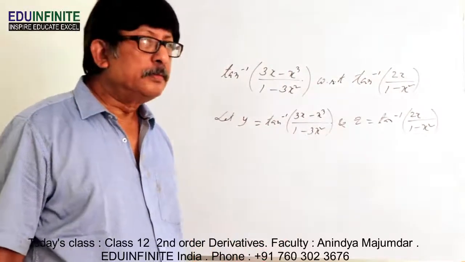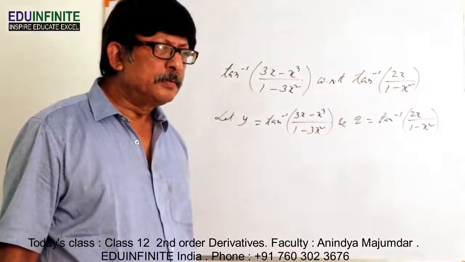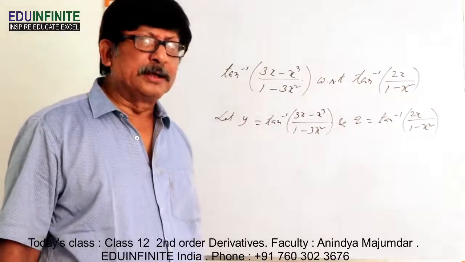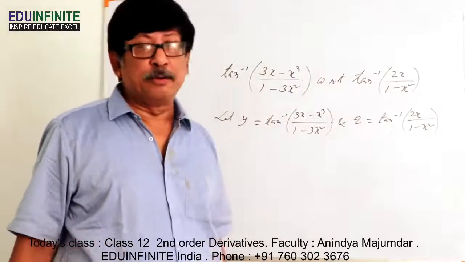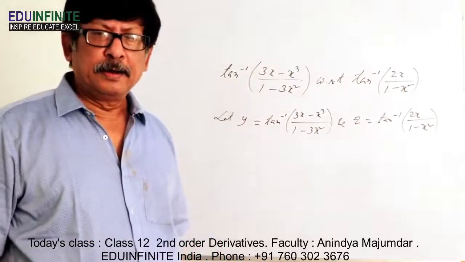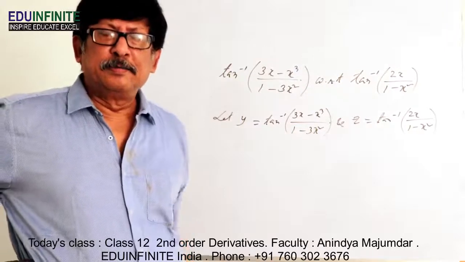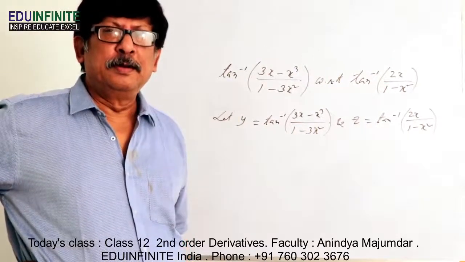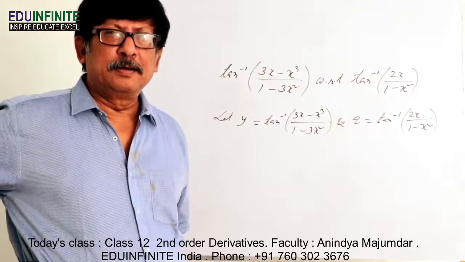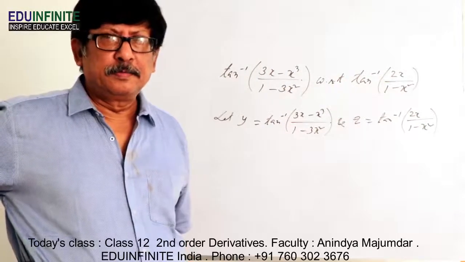So the correct substitution can be x is equal to tan theta. Very good. Then tan inverse that will become tan 3 theta. So then y will be equal to 3 theta.